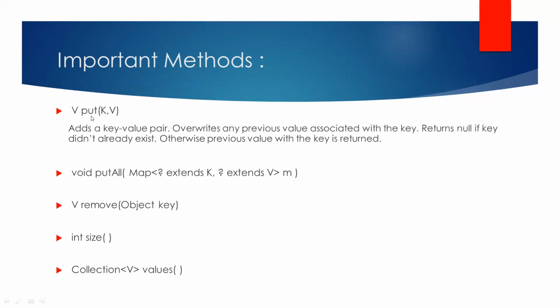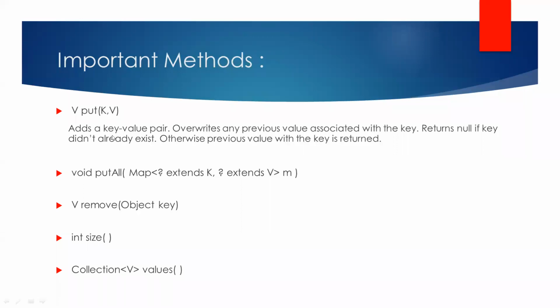It adds a key value pair and overrides any previous value associated with the key. It returns null if the key didn't already exist. Otherwise, the previous value associated with the key is returned. So what is meant by put?